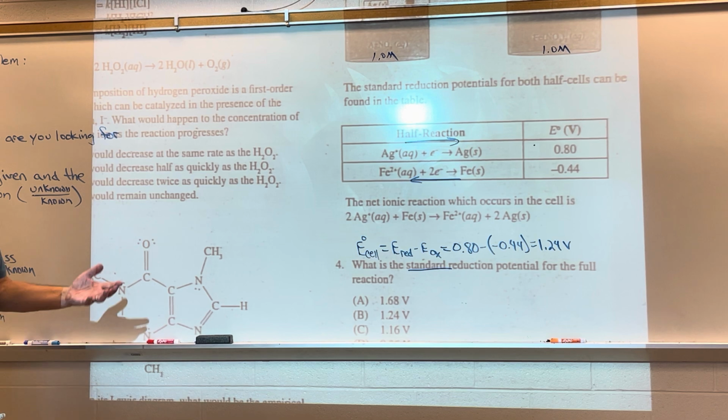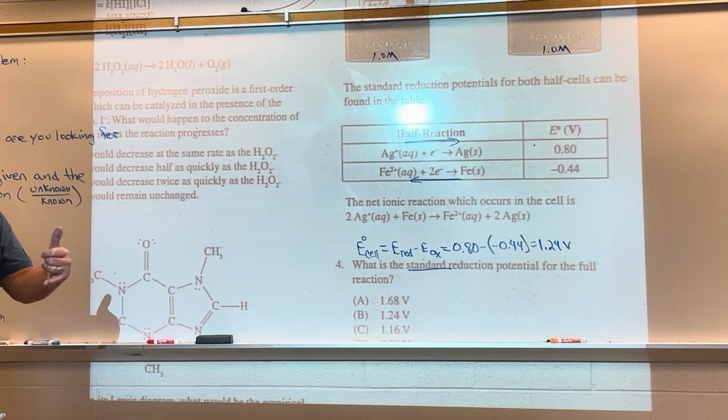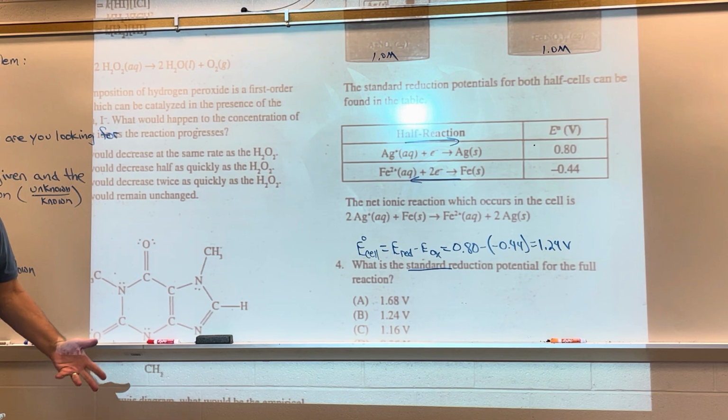Well, it all depends, but you have to subtract it in the right way. Sometimes the oxidation is positive? Yes. Sometimes they're both negative, sometimes one's negative, one's positive, they could both be positive, so the signs vary. So it's always just E red minus E ox.